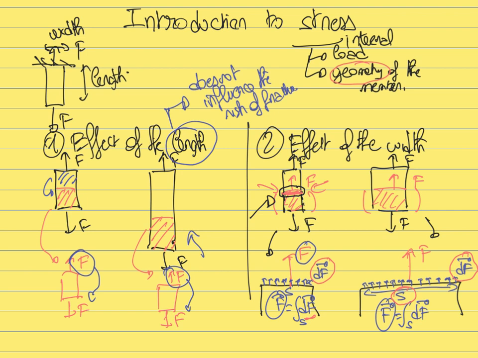You take the sum of all those small forces, and you know that this sum is going to be the same on the left and on the right because it is equal to F.